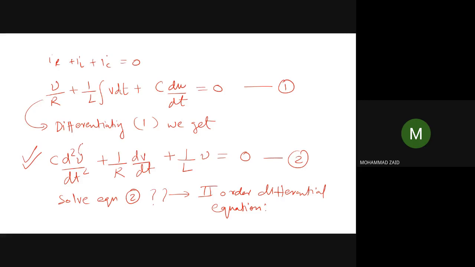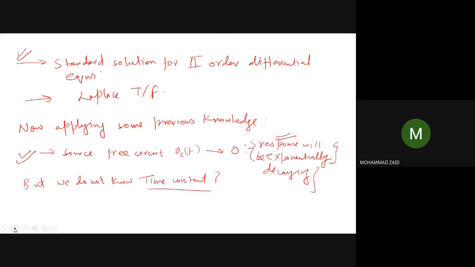Instead of v, we write the solution v(t) equal to A times e to the power st, and then differentiate it twice, then once, and then no differentiation.